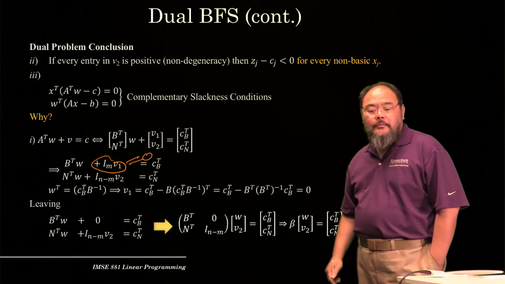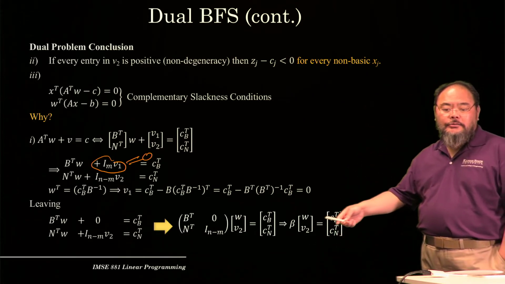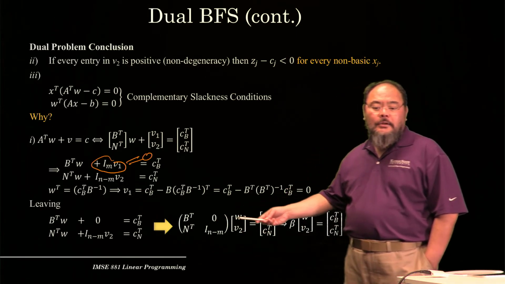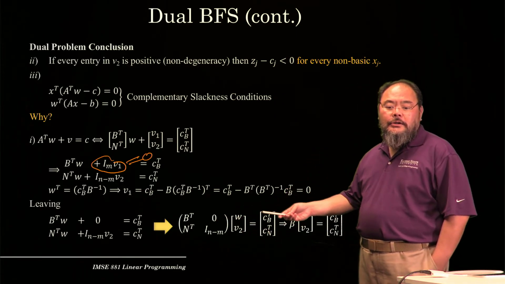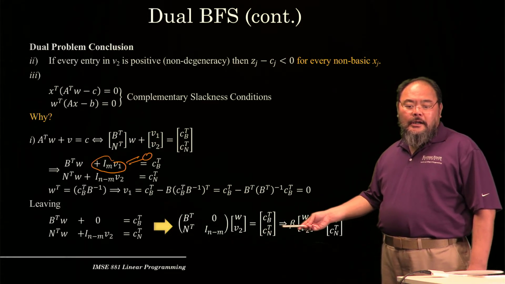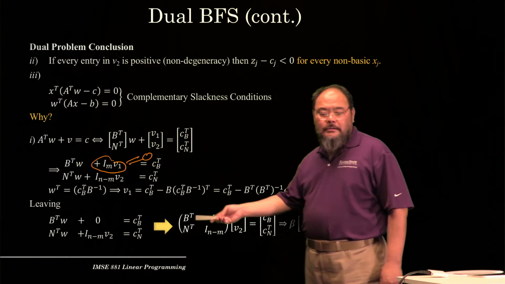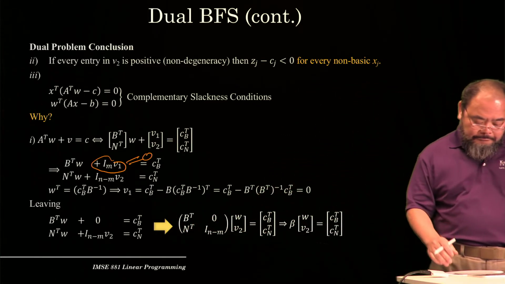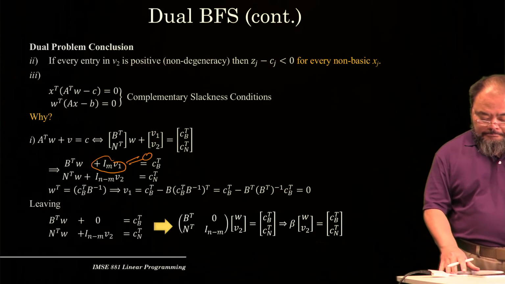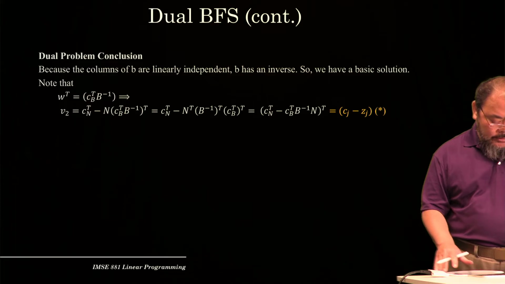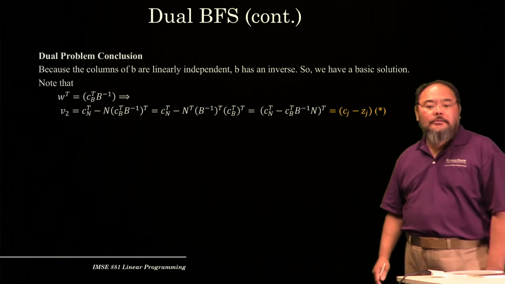All right, we can write it down in matrix form. This matrix times omega and V2 equals CB transpose and CN transpose, and this is the beta matrix right here. I know this part is a little bit long.